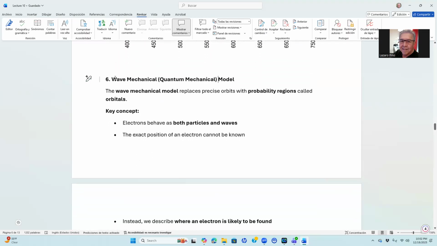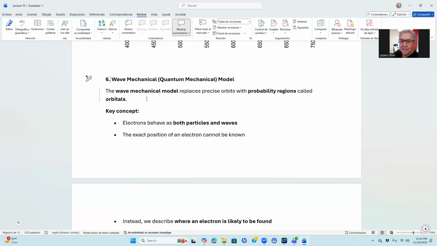Let's go now to the wave mechanical, quantum mechanical model. Because, as I told you before, the theory that was studied by Bohr can only be applied to atoms that have only one electron.